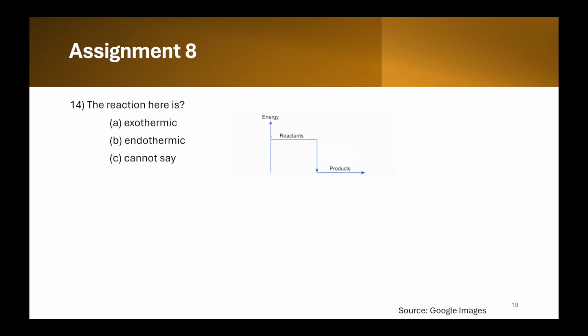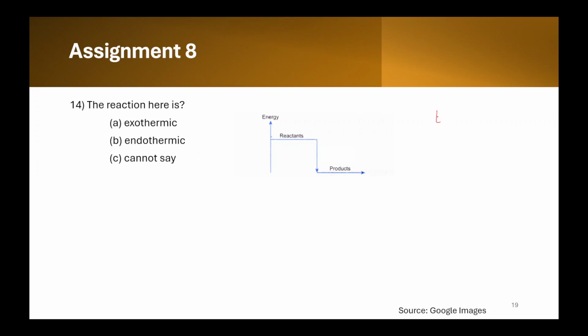Next question. The reaction here is, so we are given this energy diagram here. So this is energy of the reactant is at a higher point and the energy of the product is at the lower point. So what will be the reaction? Will it be exothermic or endothermic?